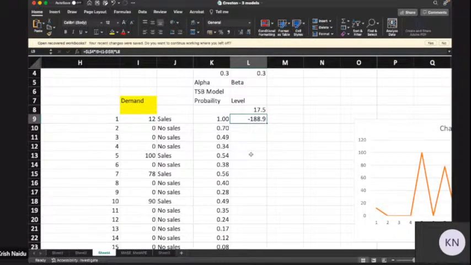Are we messing up something somewhere? So L4 is what? Let me check this one. This is my L4 into I9. L is not L9, this is L4.